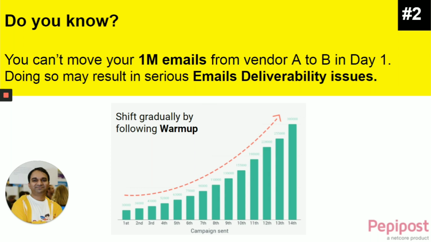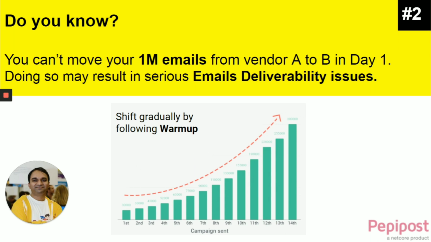If you do, you will face serious deliverability issues: your mail might land in spam, there might be delivery failures or email delays, or Gmail, Yahoo, Hotmail or Outlook might start throttling your emails. So there should be a gradual shift from vendor A to vendor B. It should not be on day one, just because you are getting some benefit.